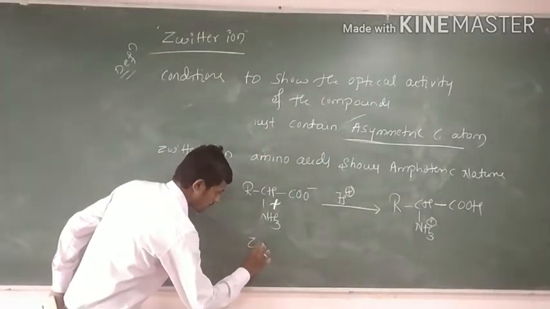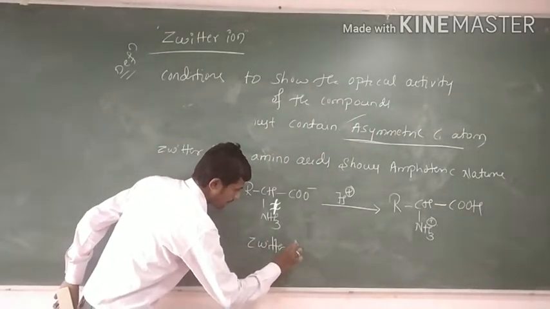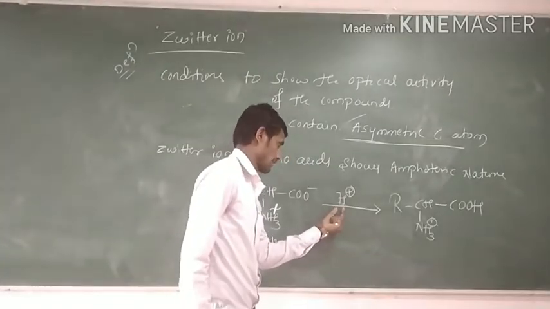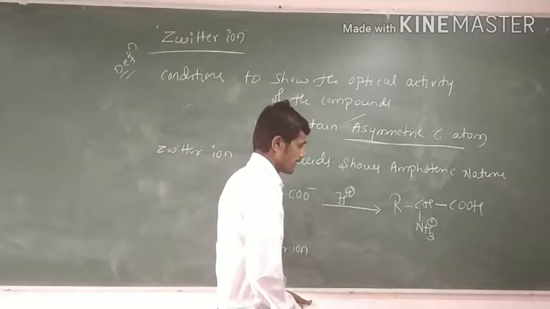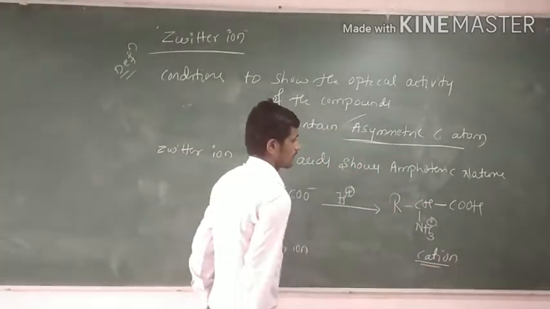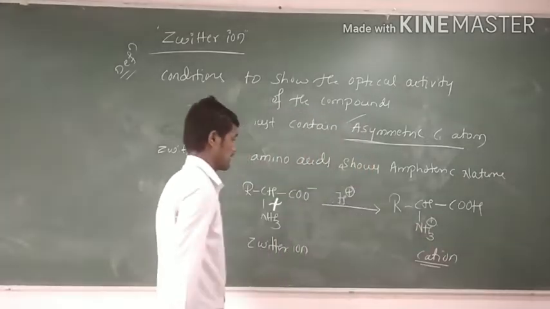Means this was the Zwitter ion, and if you increase the acidic concentration, at that time it becomes a cation because it contains a positive charge.